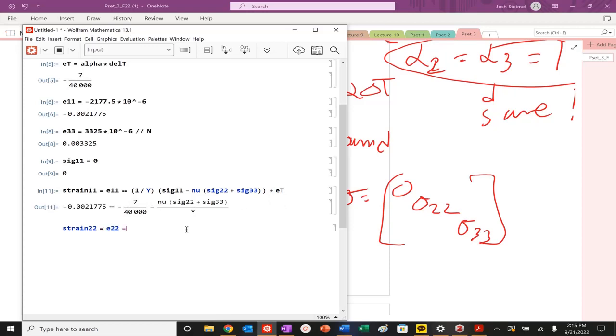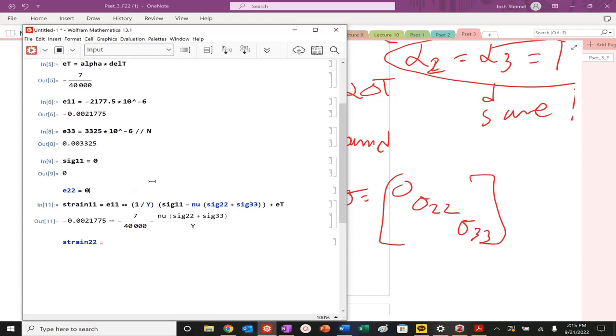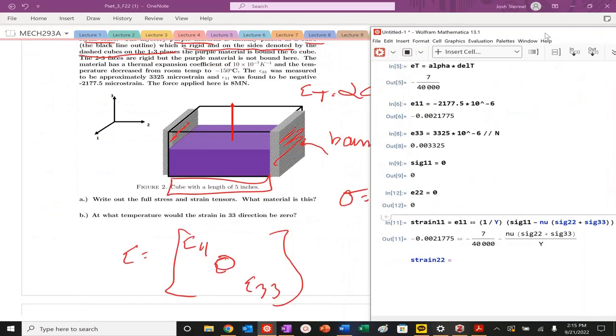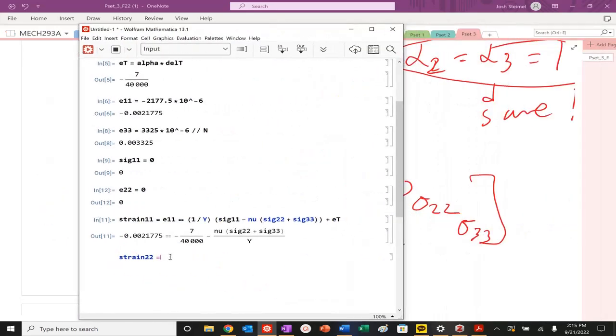E22, we know that's going to be equal to 0. We can define that right here. E22 is equal to 0. I can move that over again, moving back and forth, making everyone dizzy. Set equal to, now we could copy that expression, or we could write it out. So sig22 minus nu times sig11 plus sig33.